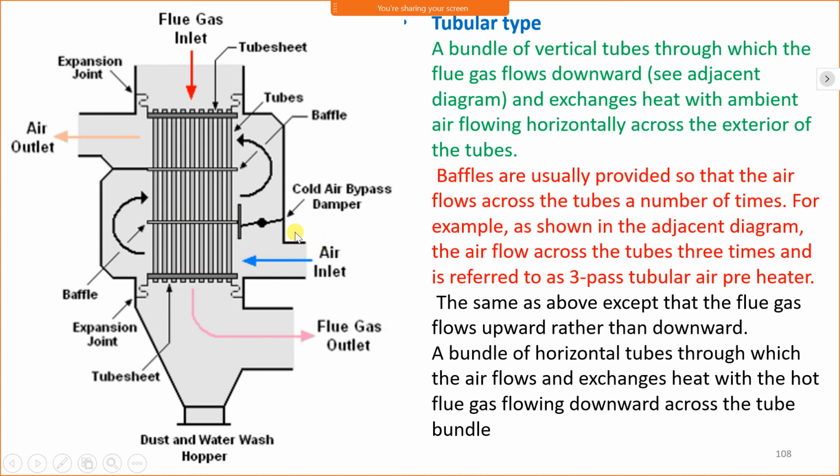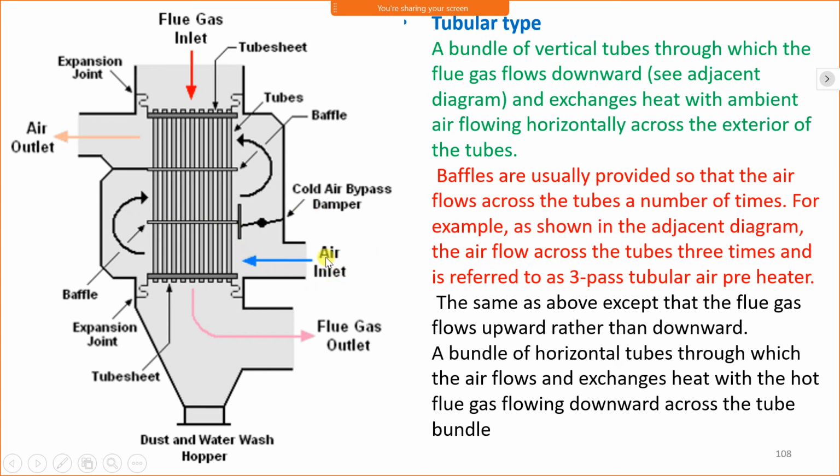Next, this is a tubular type. In the tubular type air preheater, tubes are used. Through the tubes flue gases flow, and from this pipe air is supplied, and it uses 3 to 4 baffles. Here 2 baffles are used, which means it is called a 3 pass.